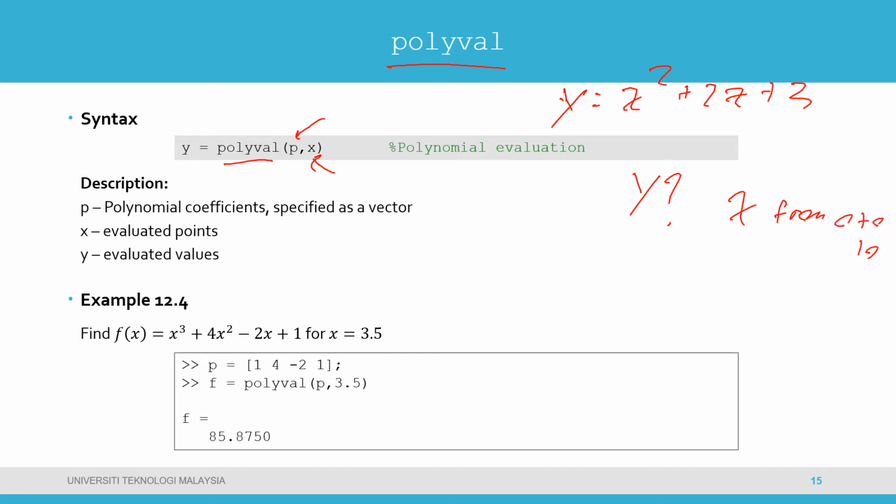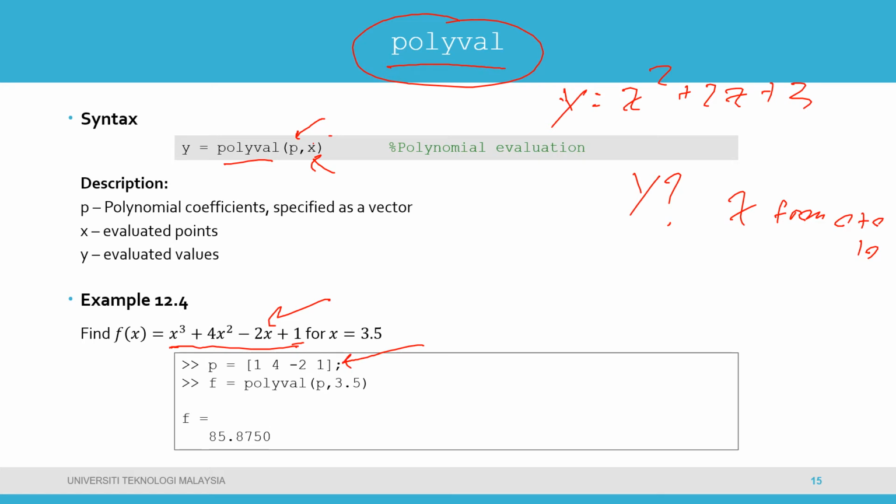In order to analyze this, you use polyval. You just insert x into here. So how to do this? Basically, you have a function here: x cubed plus 4x squared plus 2x plus 1. Of course, you have to change this into a vector.